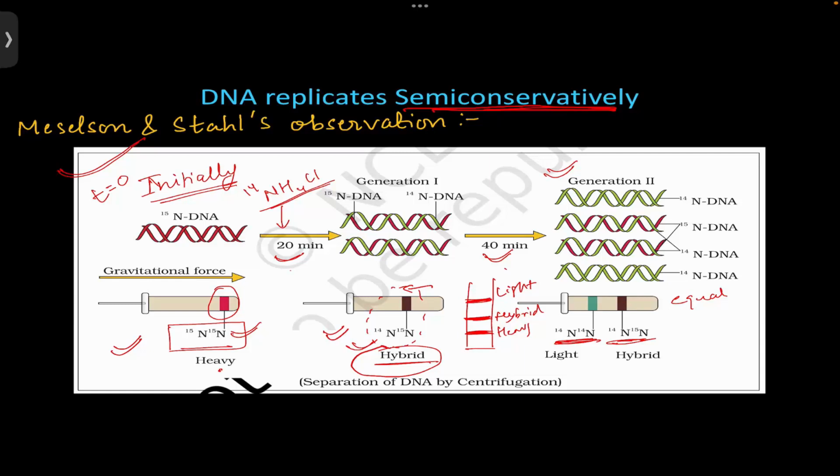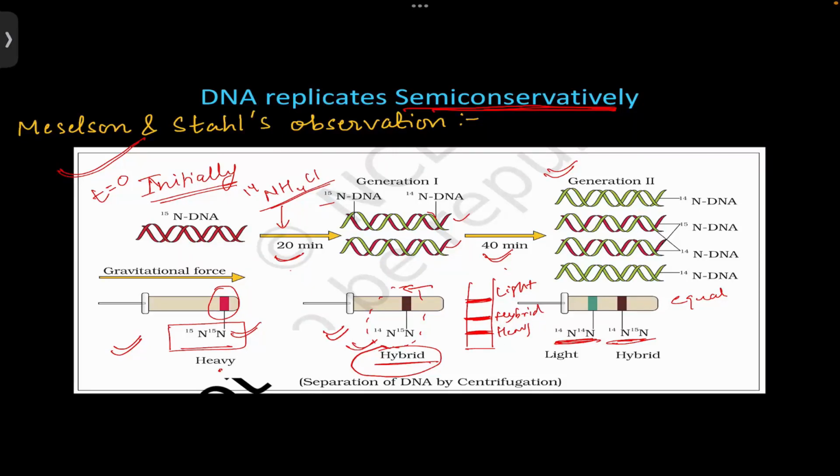Whereas after 40 minutes, for the second generation, say this green strand is the N14 one, and the red strand here is the N15 one. Each of these strands in both DNA molecules is acting as a template strand, the parent strand to which a complementary strand will be synthesized.